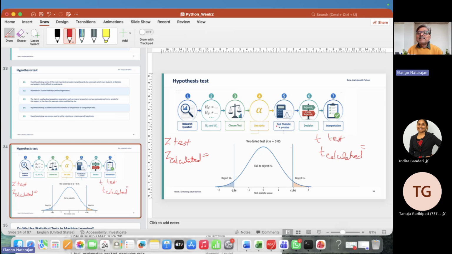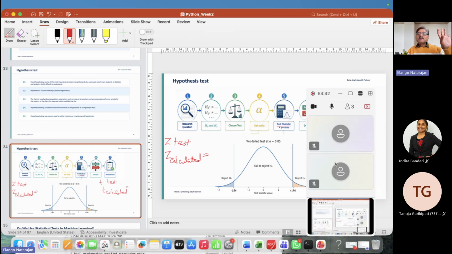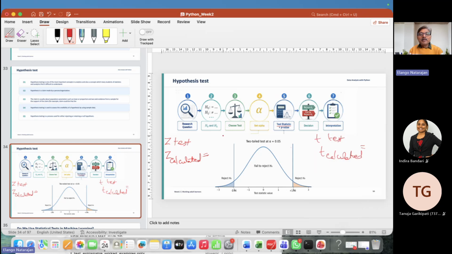Once you find the test statistic, you compare your test statistic with the actual statistic value given by your table. That means we have a standard statistics table for each test. For the G-test, we have a standard G table where you can find the G actual value. So this G actual you can take from your table.